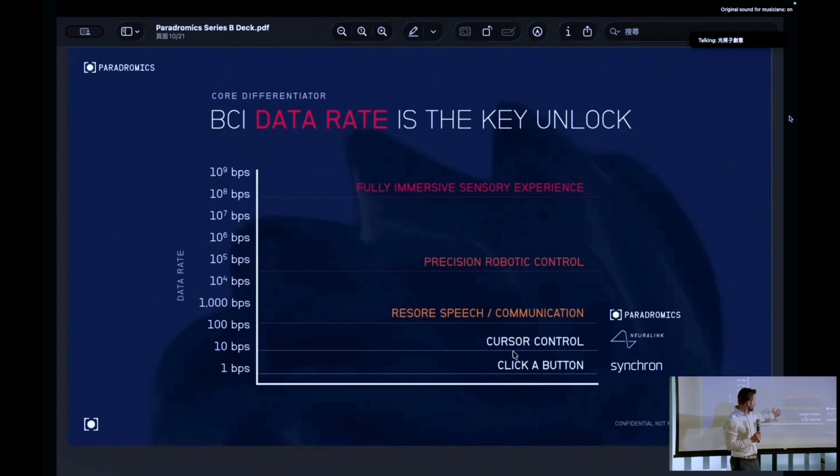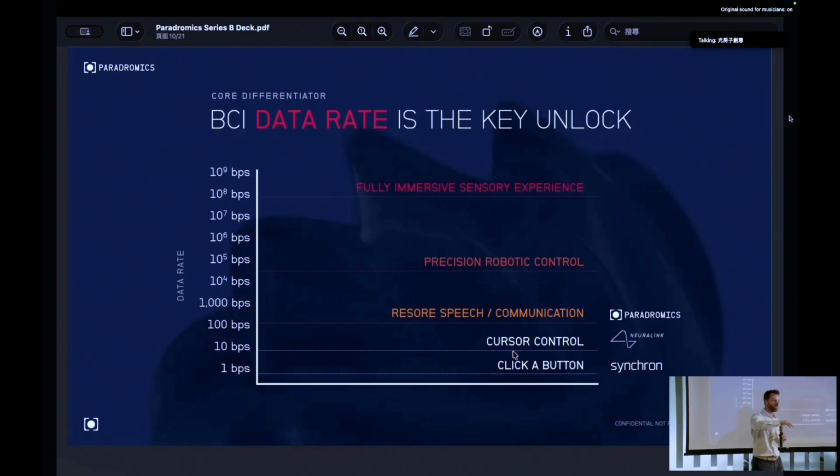Starting back in the late 1980s with the first BCI devices, very slow, essentially operating at 1 to 2 bits per second, which is the equivalent data rate of being able to click a button. And now we've moved up into where Neuralink is today, replicating trials that we did back in the 90s and 2000s, operating at about 10 bits per second, which is similar to cursor control. And so you see Neuralink's patients doing demos playing video games.